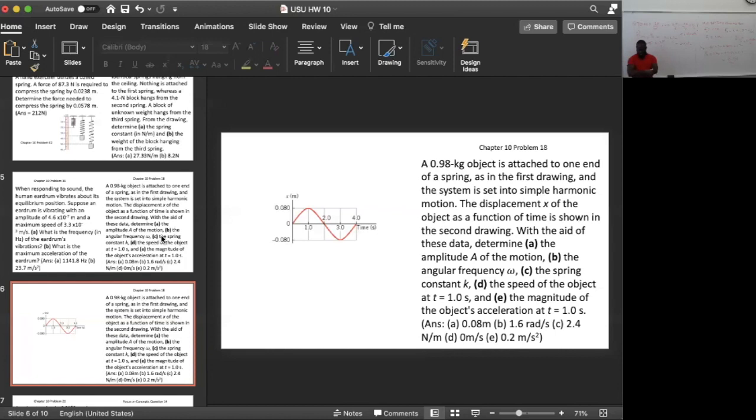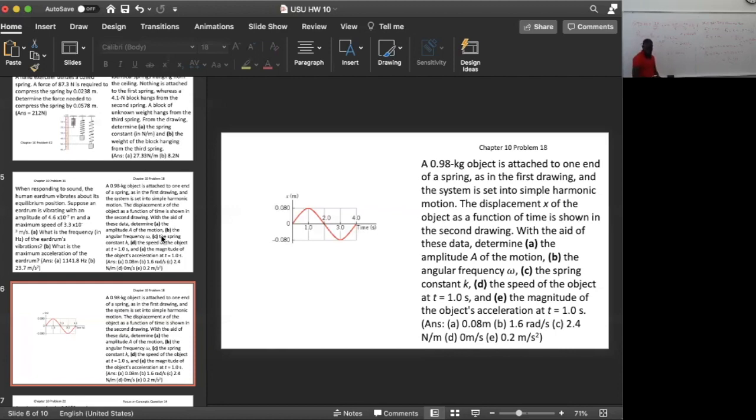And then the E part says the magnitude of the object's acceleration at t equals 1 second. So at t equals 1 second, that's when you have A max, your maximum acceleration, which is omega squared times amplitude. So your A max is omega squared A. We know our omega, 1.6 squared times amplitude 0.08.